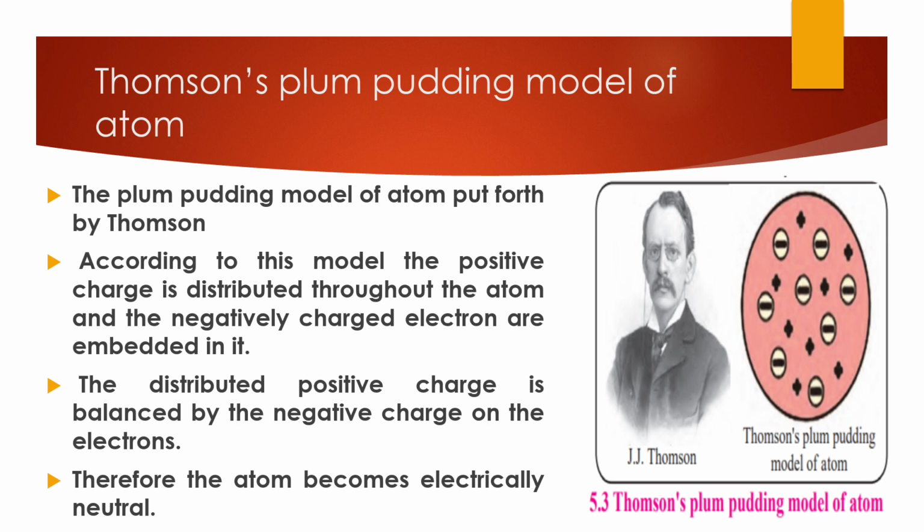Like those small black seeds, the electrons are distributed, and hence the positive charge and negative charge nullify each other, and the atom is neutral. That was the postulate given by Thomson, and he compared it with the watermelon. Hence, it is called Thomson's plum pudding model of an atom.